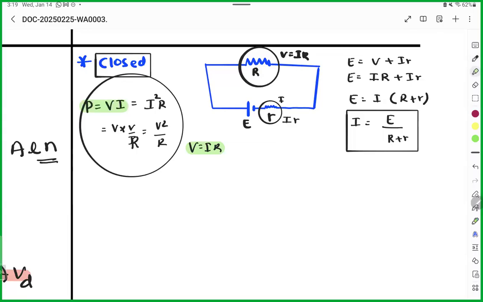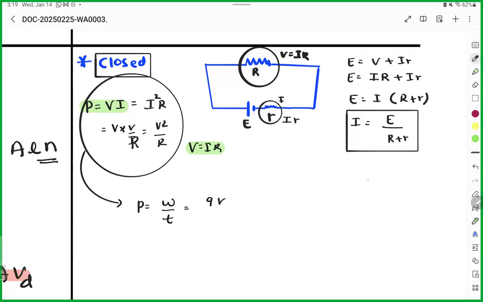By the way, you can also link the same topic with work, energy, power. Why? Because your power is equal to work done per unit time. You know this is the most basic formula. Rate of doing work is known as power. Work done per unit time. What is your work done in the form of potential? Q into V, right?